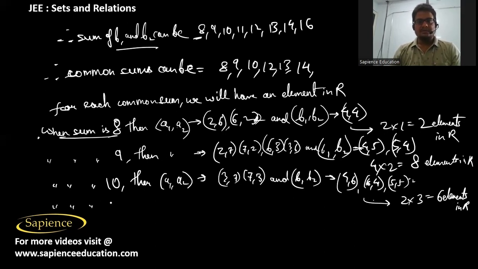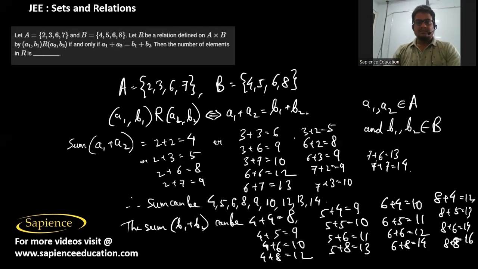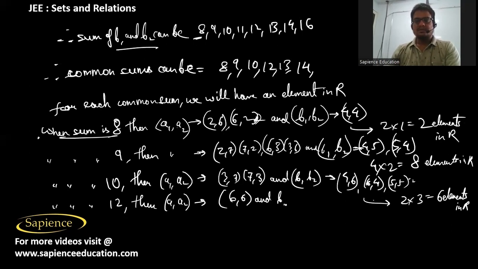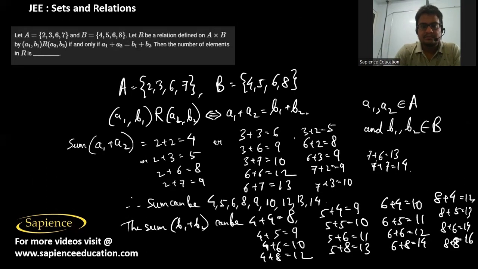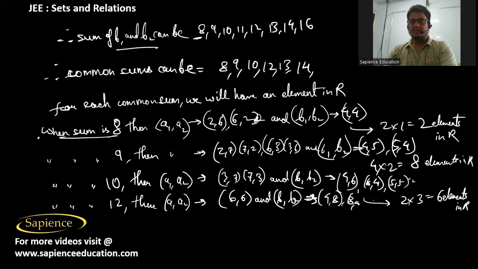Then similarly, when the sum is 12, then a1 comma a2 can be 6 comma 6 only. And b1 comma b2 can be equal to 12, so it can be 4 comma 8, 8 comma 4 and 6 comma 6.